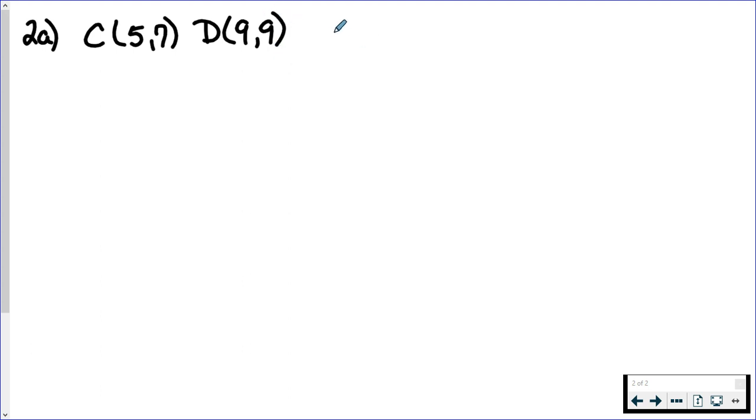So the slope of line segment CD is y2 minus y1 over x2 minus x1. So here we have 2 over 4, which is 1/2.